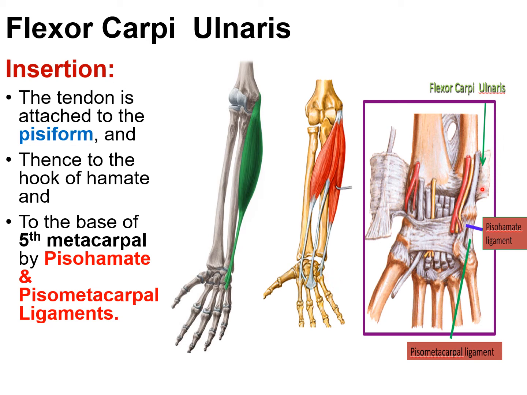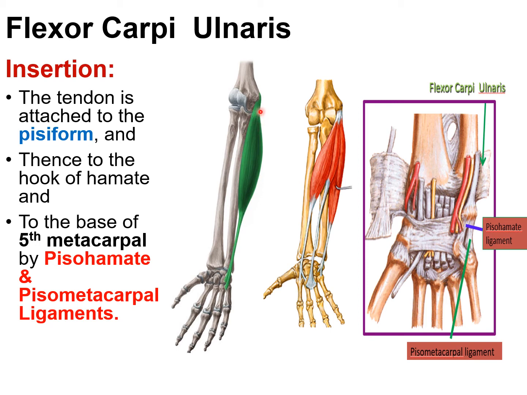So for the flexor carpi ulnaris, the primary insertion is on the pisiform bone and thence it is prolonged to the hook of hamate forming the pisohamate ligament and then to the base of fifth metacarpal, thus forming the pisometacarpal ligament.